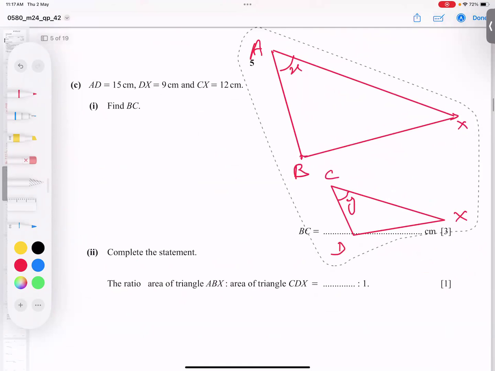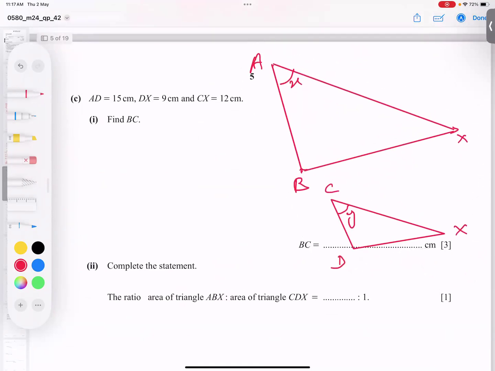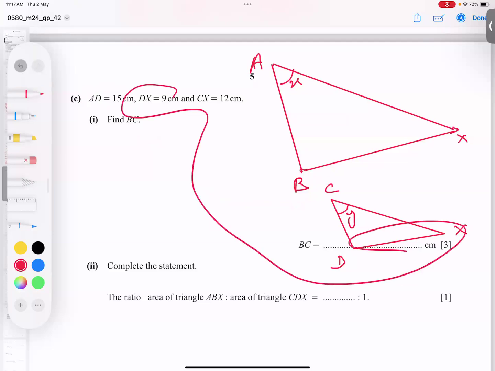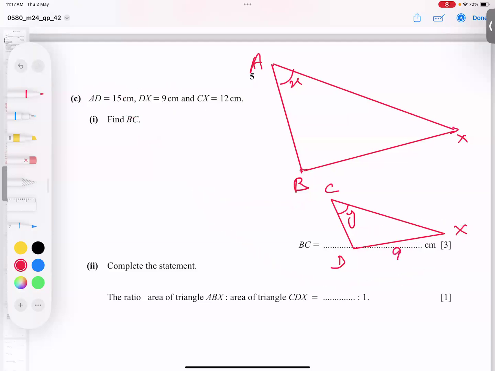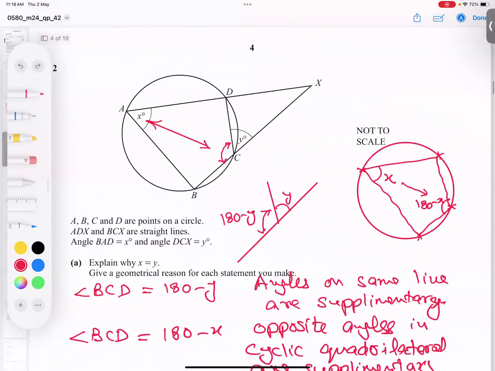This whole page I can do easily. Come back. AD is 15. Look here, AD. Where is AD? What is DX? DX is 9. And CX is 12. Wait a minute. And hold on, AD is 15. Where is AD? AD is this portion.